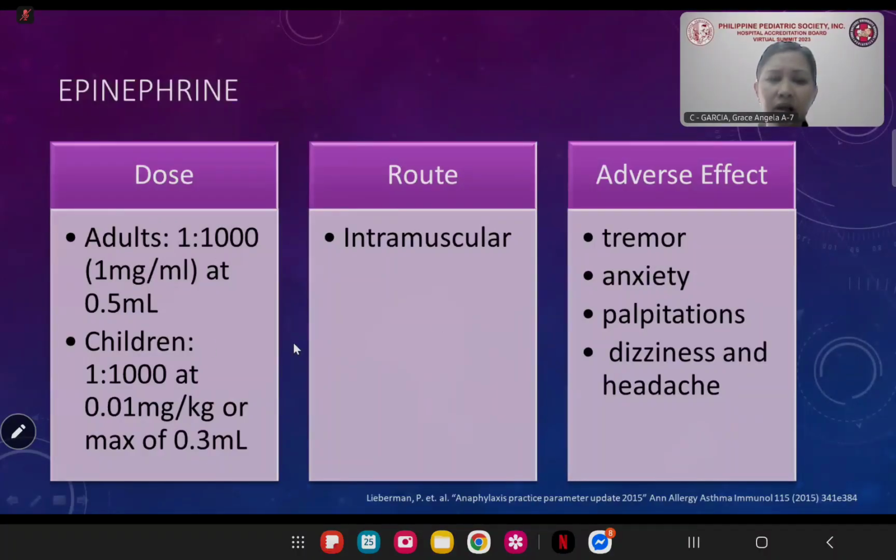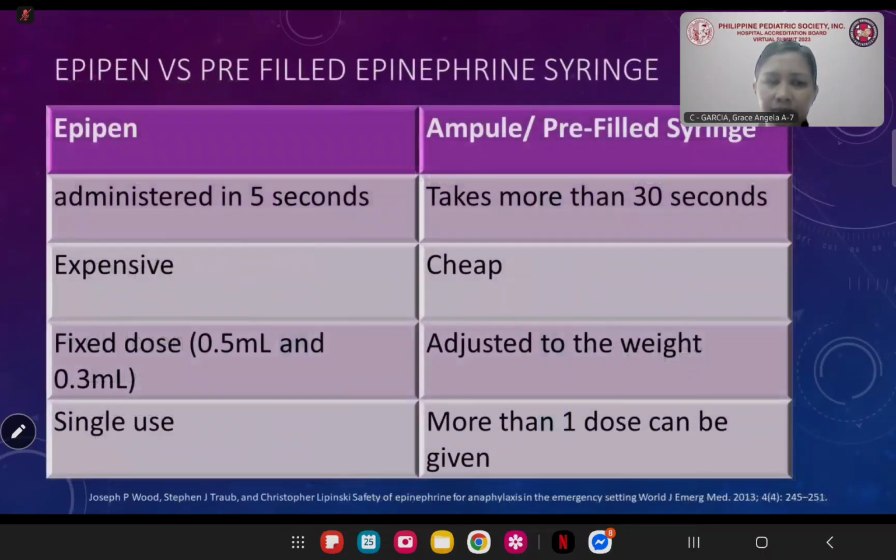But for adults, the maximum dose would be 0.3 ml. It is given intramuscularly, preferably in the thigh, and most of the time you have adverse effects of tremor, anxiety, palpitation, dizziness, and headache. So most of the time when I already see these effects, then I am a little bit confident that the patient is almost out of the anaphylactic episode.